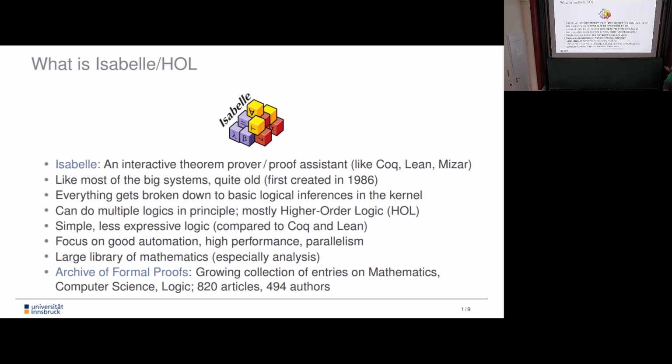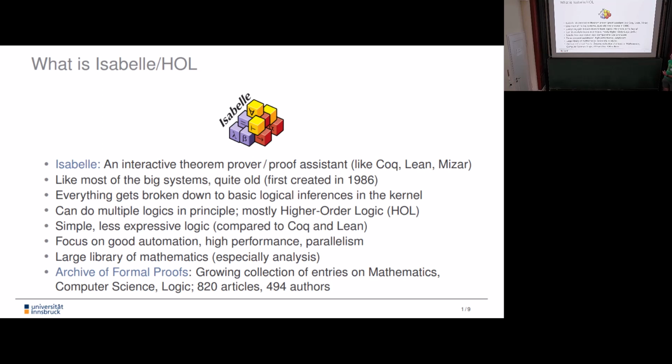And there is a thing called the Archive of Formal Proofs, of which I'm also one of the editors. And so basically this is just a big collection of community-contributed proofs, proof developments really. So basically it consists of these entries or articles, and they're all about one specific topic, and basically anyone can submit one there. And basically if it's not absolute nonsense, it just gets accepted.